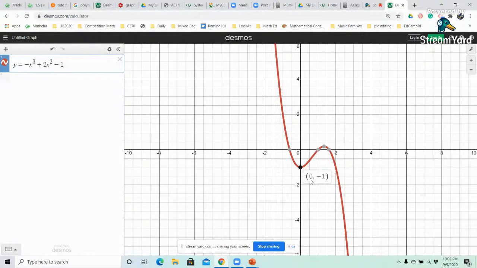And then it's also increasing. I lied. That's decreasing. And then it decreases again from 1.33 to infinity. And it increases on the interval between 0 and 1.33.